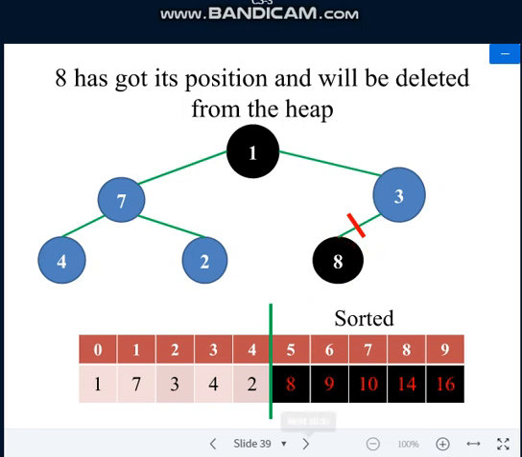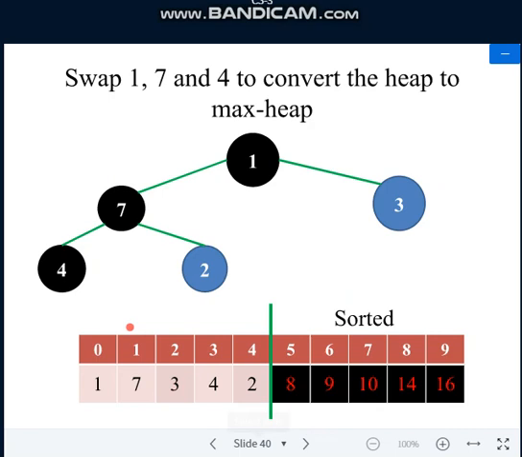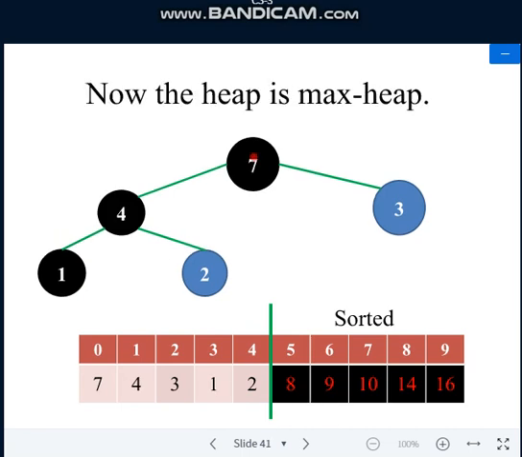Yes. So again you are converting it to max heap. So 1, 7 and 4 it gets swapped. So 7 will be the root node, 4 will be the child of 7 and 1 will be the child of 4. So this is how it looks like. Yes. So now again you are going to swap 7 and the last node value.